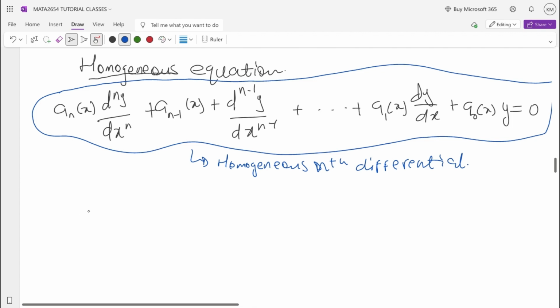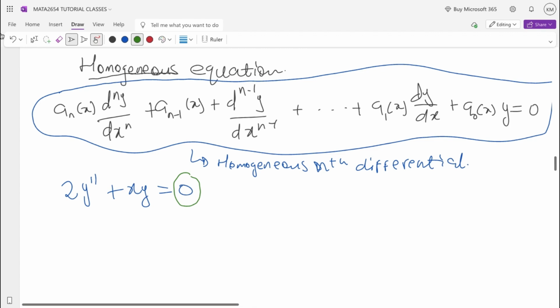Now one might ask: if you are saying this is the case, and you're not writing it in general, how will it look, in the way they would normally give you? Maybe they gave you 2y double prime plus xy equals 0. The whole idea is that it is always going to be equal to 0. That is how you know you have a homogeneous differential equation.